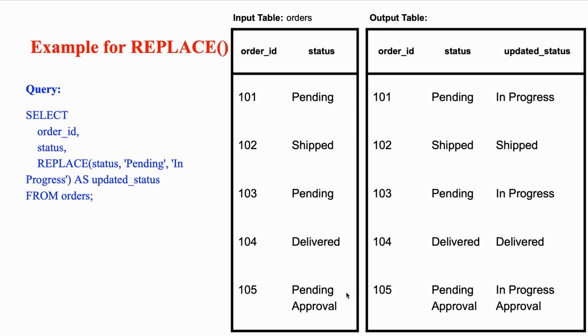Here's an example with an order table. We want to replace the word pending with in progress in the status column. The REPLACE function does this for us. Notice that in pending approval, only pending is replaced. The rest of the text stays the same. This is really helpful when cleaning or updating data in your tables.